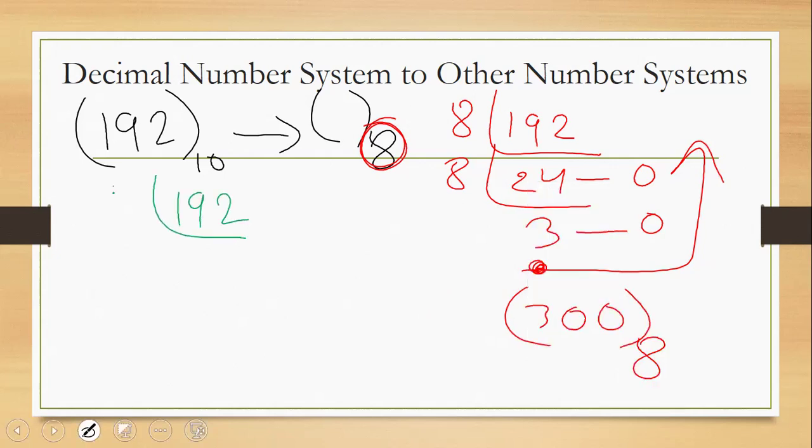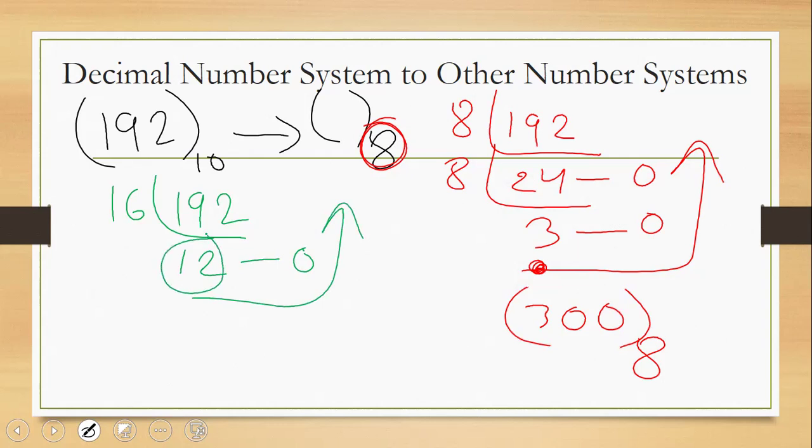and divide it by 16. Now the concept is not like 12 here.